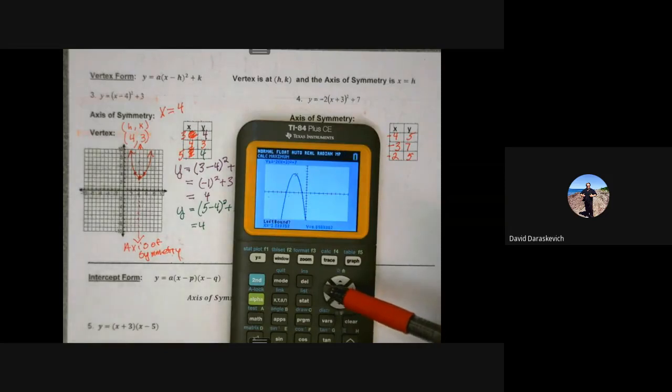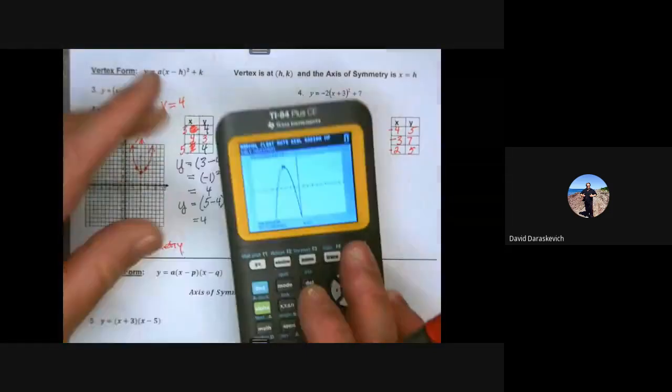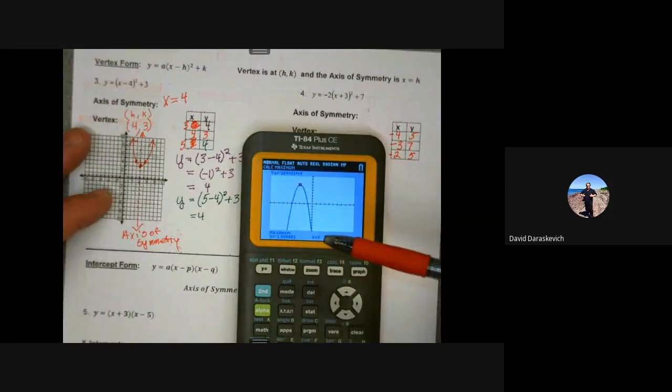I got to be left of my vertex. Hit enter, right bound, get to the right of that vertex. Hit enter, and then hit enter again, and it gives me my vertex, -3, 7, right here.